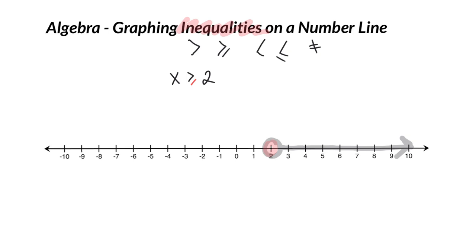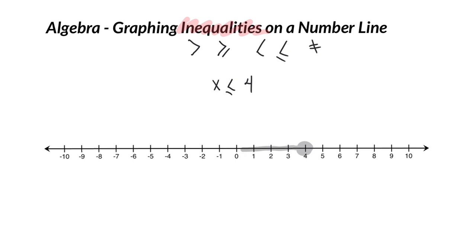Let's do another one. In this example, x is less than or equal to 4. Note right away, equal. So I'm going to have a circle at 4, and it's going to be a filled-in circle, like this. And then less than, so all of the numbers that are less than 4.